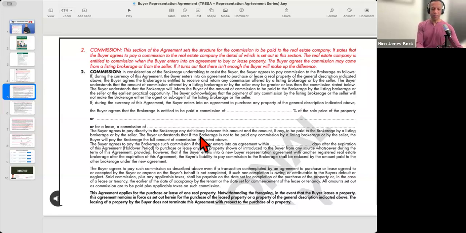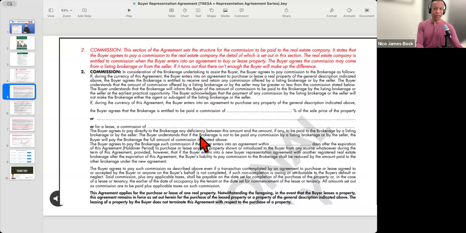This is the model that the US has adopted. It hasn't been adopted in Canada. But like most things, it's probably just a matter of time. This is in preparation for that. But there are also circumstances in which the buyer may just be responsible for paying for services.